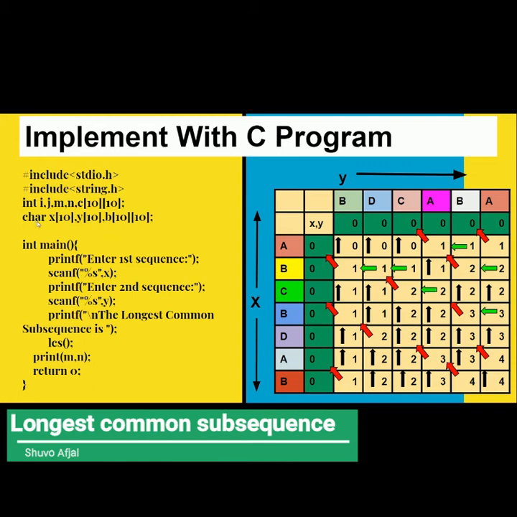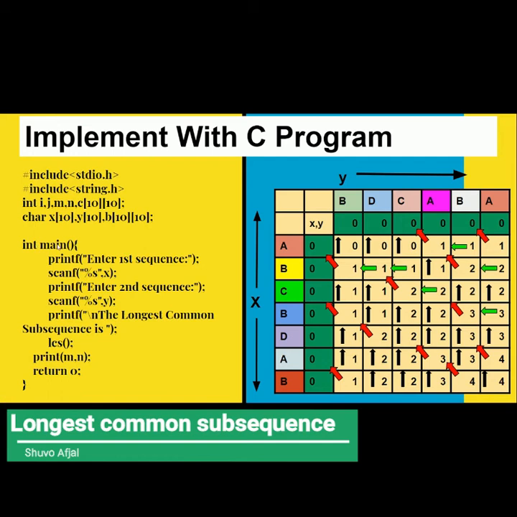Now we declare character type x, y because we get A, B, C, D, B, D from the user, and that is character type. We also need a character type two-dimensional array because we cannot use symbols in a C program. We use it for the upper left diagonal, so we need a two-dimensional character type array.